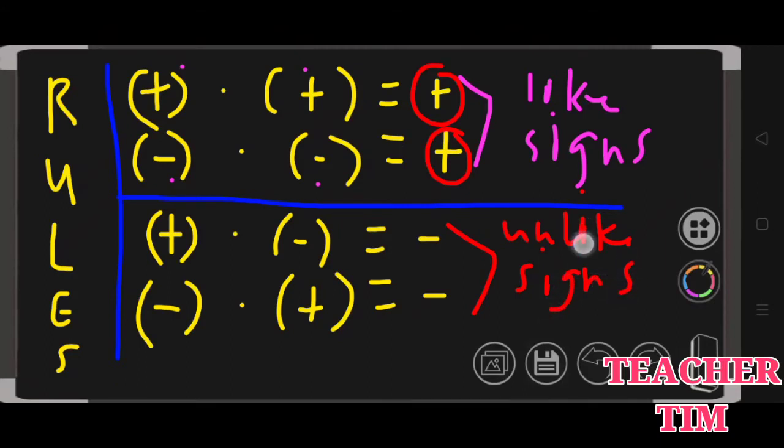The result or the answer is always negative. So that is our rule. Remember, class, that when you are multiplying two integers with like signs, the answer will always be positive, while when you are multiplying integers with unlike signs, the result will always be negative. 4 rules, we made it 2 rules only.